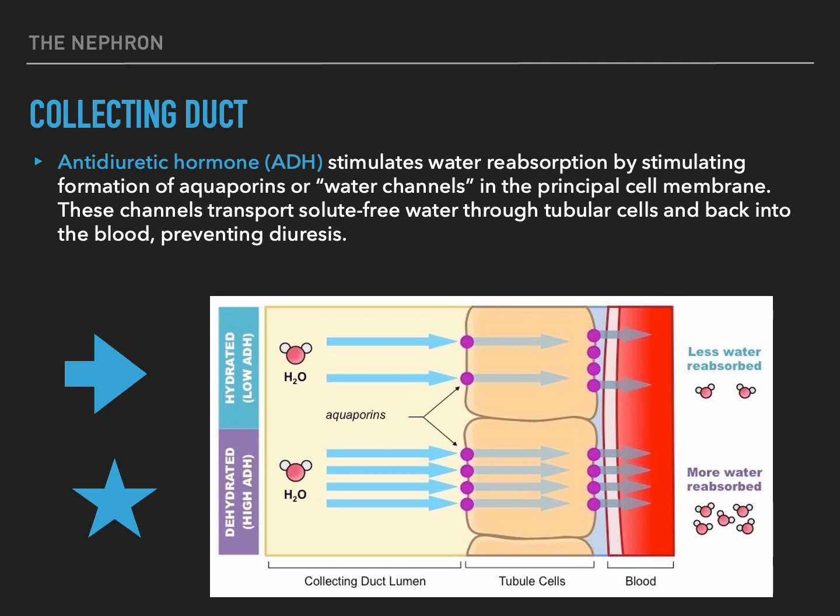In comparison, if you look next to where the blue star is located, this is what happens when you're dehydrated. Your body secretes more ADH, which then stimulates the production of more aquaporins or water channels, and this results in more water reabsorbed into the bloodstream, hence an antidiuretic effect.